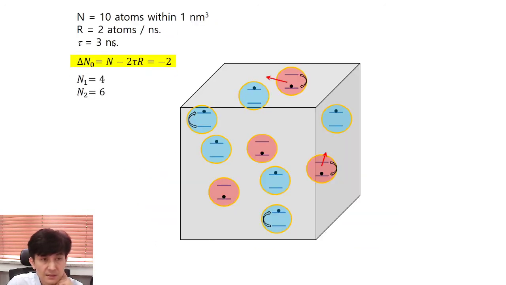As we increase the pumping rate from 1 to 2 atoms per nanosecond, we have more atoms in the excited state, and we obtained delta N0 is equal to minus 2.